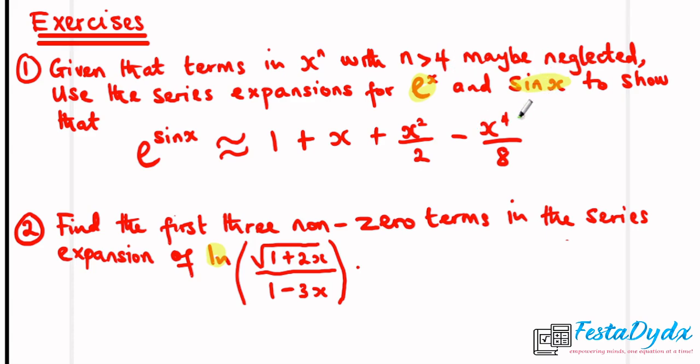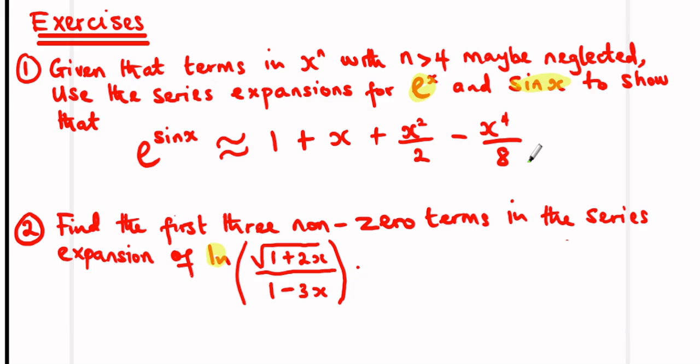What it means is the powers of x range from 0, 1, 2, 3, 4, and so on. When we get to n greater than 4, that's x to the power 5, x to the power 6, and so on. So if the powers of x become greater than 4, we should neglect them.